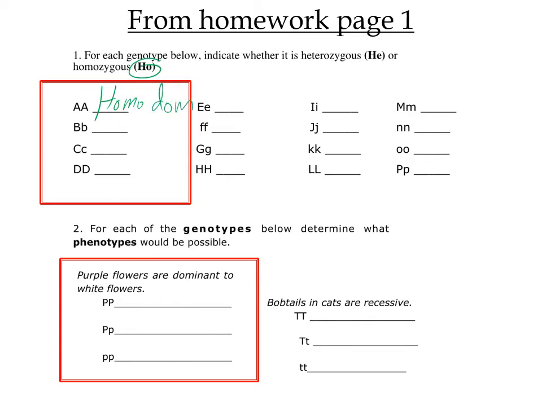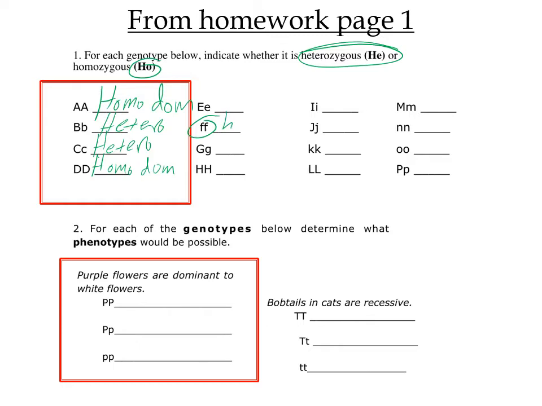The next one, big B, little b. That's two different ones, so that's going to be heterozygous. Next one, big C, little c, also heterozygous. Two different types of alleles. And the last one, big D, that's going to be homozygous, and again, it's homozygous dominant, as opposed to, say, right here, the two little f's.